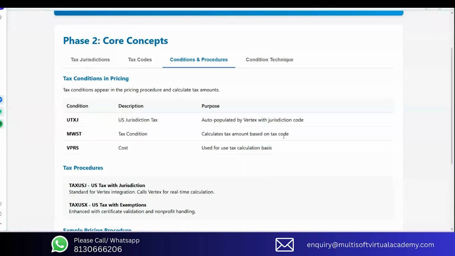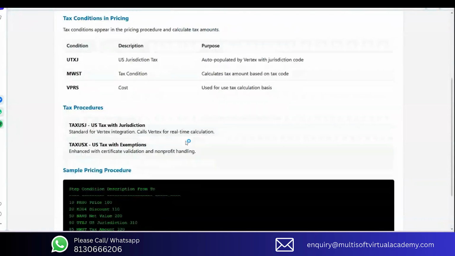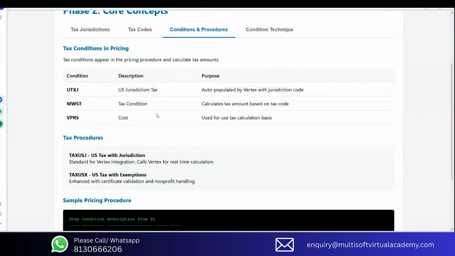See, the tax code you are going to configure in SAP. The tax rate is already there in Vertex. This is the MW condition. VPR is the cost to use for use tax. Cost as in the cost of the goods, yes. Now, the conditions, at the time of simulation I will explain, and you will understand more.